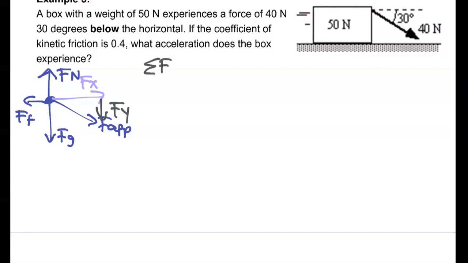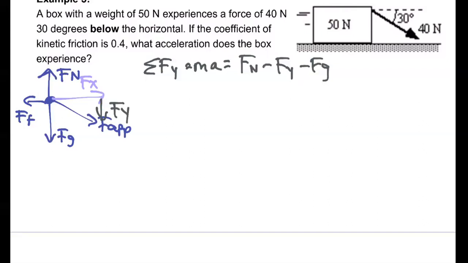So I'm going to jump straight to summing the forces this time. The sum of the forces in the Y direction equal mass times acceleration, which gives me, now I'm going to do all the Y direction. So I've got a force normal pointing up, Fn minus Fy minus Fg. Now this time force in the Y direction is pointing downward because it's got a downward component of this force now.